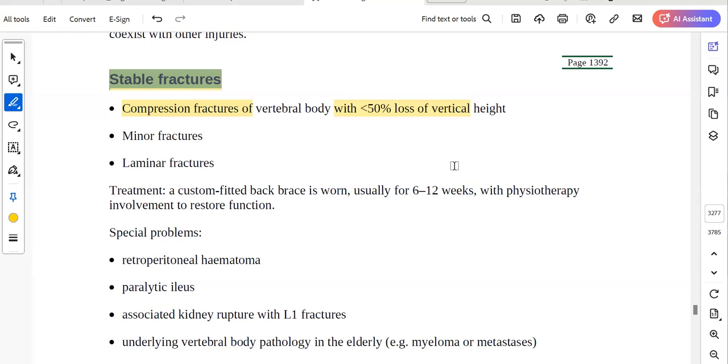And compression fracture mainly happens in elderly patients who can suffer from osteoporosis, which has a high risk of fracture anyway. And if it is just a minor fracture, then it's also stable. For a stable fracture, the patient just needs to be on bed rest for several weeks. They can also be put on a back brace. Okay?